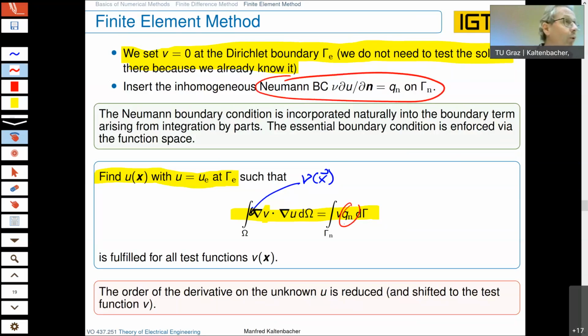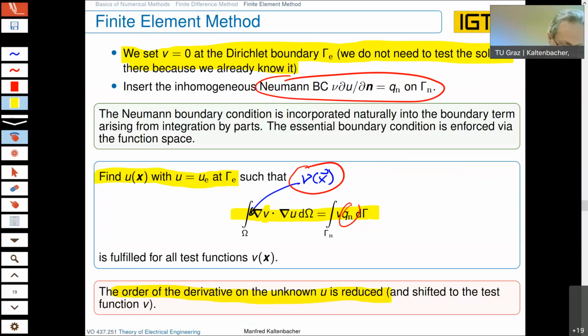Furthermore, very importantly, a mistake in the slides, I have forgotten there the material parameter, but we have it now on the slides. This material parameter, depending on space, is now free from any derivation, very important. And the last point we have gained is that the order of the derivative of the unknown U is reduced.